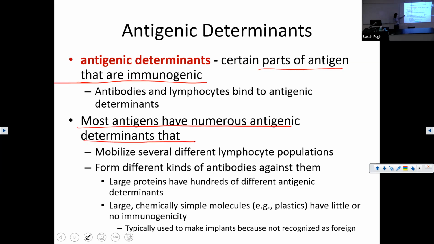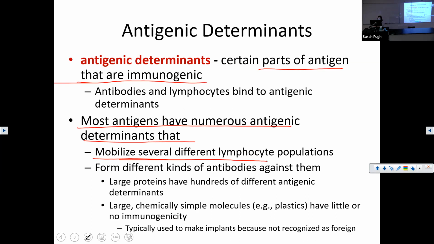And so what that means is that if a foreign antigen gets in your body, multiple B cells might recognize it. Multiple T cells might recognize it as foreign and fight it off. So a lot of times it'll mobilize several different lymphocytes. And this is also going to be why you might make several different antibodies to fight it off as well.